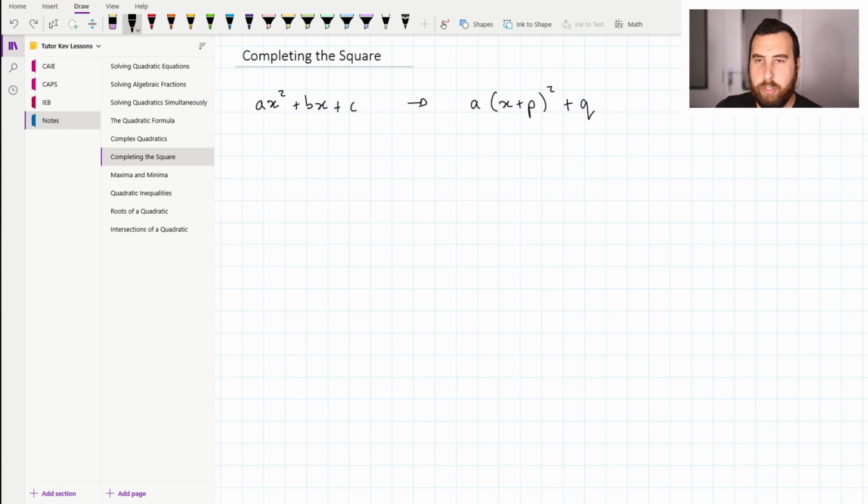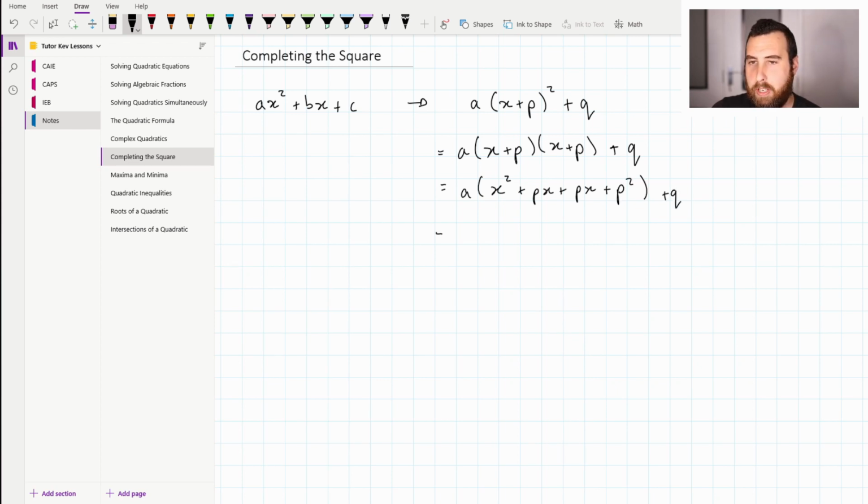Right, so what we're going to do is expand the right-hand side. So I'm going to rewrite my two brackets just so that my FOIL is correct, plus q. And now we expand the brackets themselves before multiplying in the a. So I'm going to get ax squared plus px plus px plus p squared plus q. I'm going to simplify those.